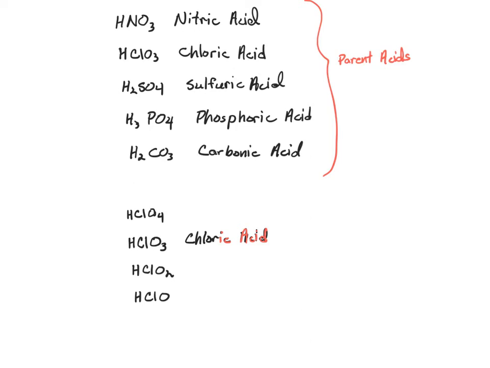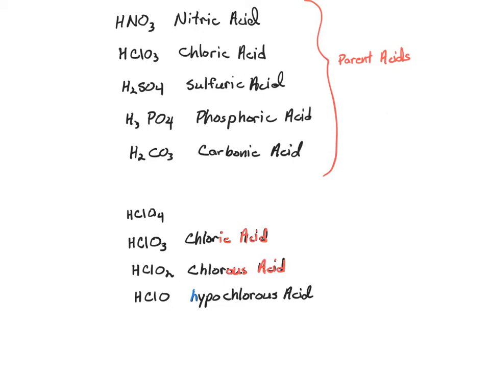We have chloric acid, but when we have one less oxygen, we call this chlorous acid. You can see here we changed the suffix from "ic acid" to "ous acid." And then for the bottom one we have hypochlorous acid.